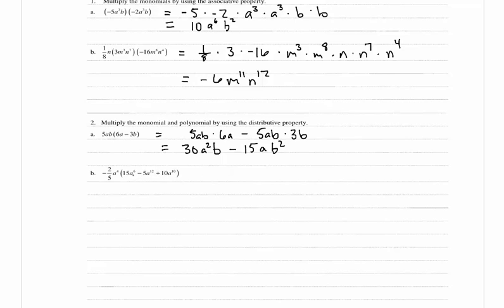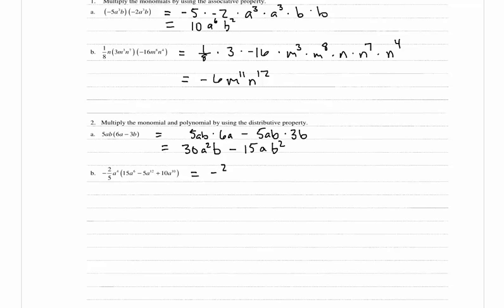In b, we have negative 2/5 a to the 4th times 15a to the 6th minus 5a to the 12th plus 10a to the 10th. And again, our distributive property tells us that this negative 2/5 a to the 4th needs to get multiplied by each term inside the parentheses.